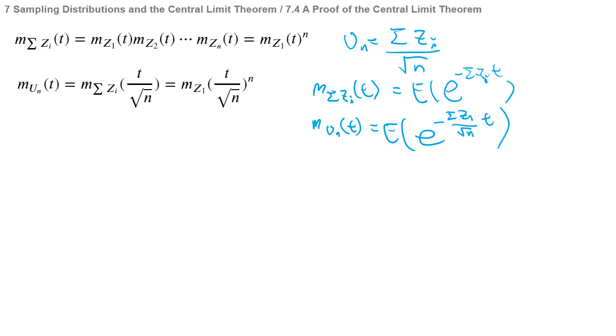And so this is actually M of sum of Zi at t over square root of n.